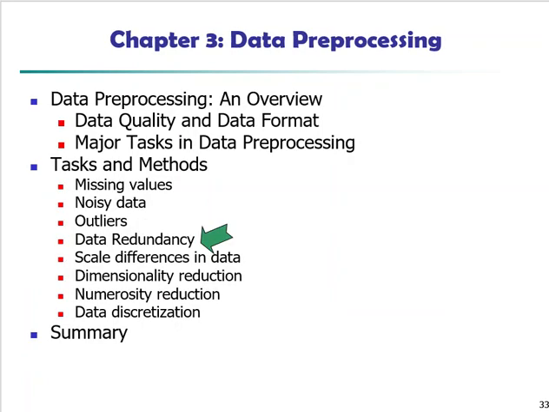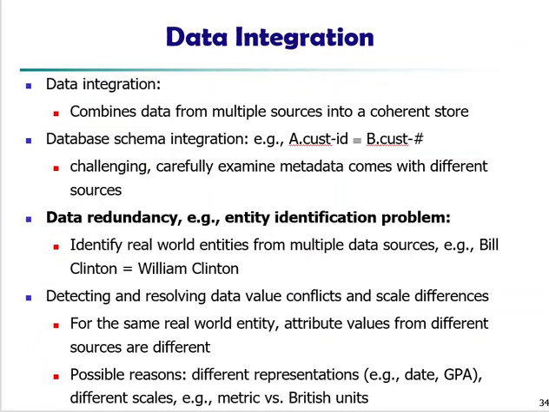And next, we're going to talk about data redundancy. As we mentioned earlier, data redundancy can happen in one data set if you're not careful when you collect the data. But most often, data redundancy occurs when you have data integrated from multiple sources. When you integrate data from multiple sources into one coherent data set, you could also encounter other issues.